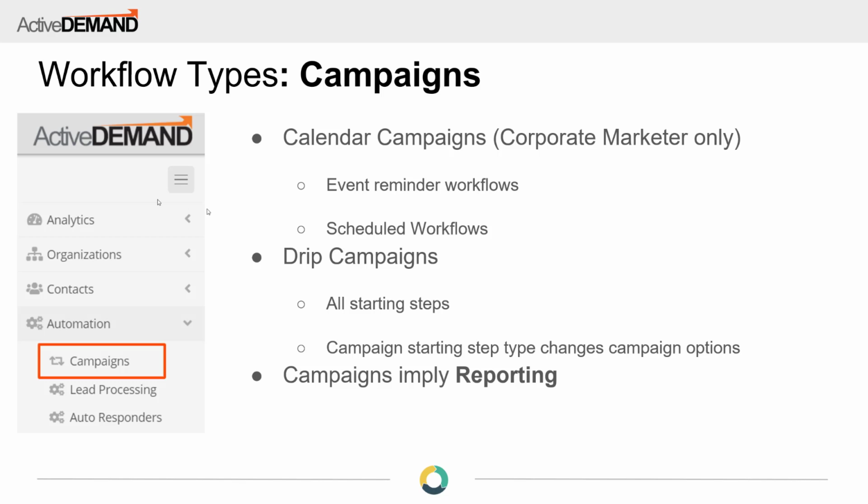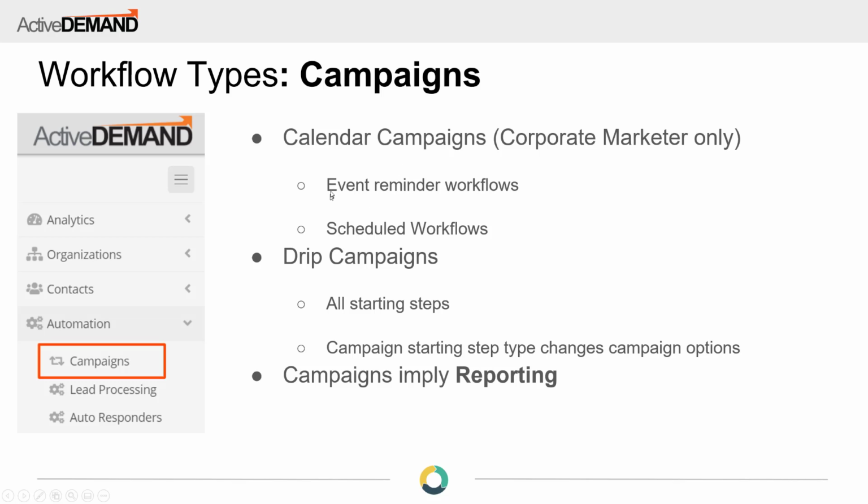Now, there are special cases of the calendar campaigns where workflows are used in the calendar campaign. This is only in the corporate marketer, and that is done in the event campaign container type, and as well in the generic campaign container type.